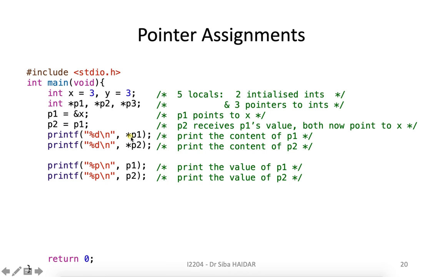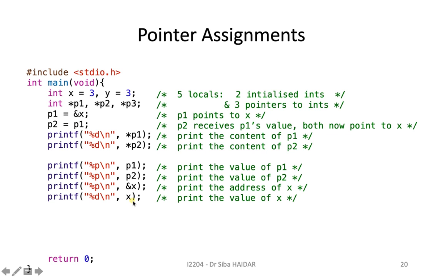If you want to print the content, you print dereference p1 and dereference p2, which are both of type int. You can also print the address of x, and you must have those 3 values equal, because p1 stores the address of x as its value, and so does p2 because it copied it from p1. And you can print the value of x, of course.